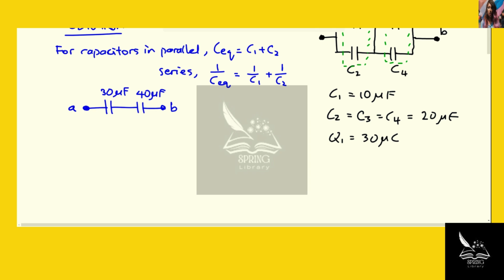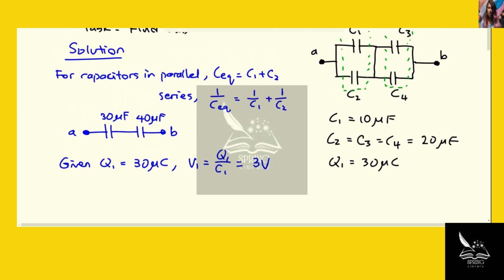Okay, so we know that given Q1 is 30 microcoulomb, V1 is Q1 over C1, and we get 3 volts. Because C1 is 10 microfarad and Q1 is 30 microcoulomb, you put them in and get 3 volts.